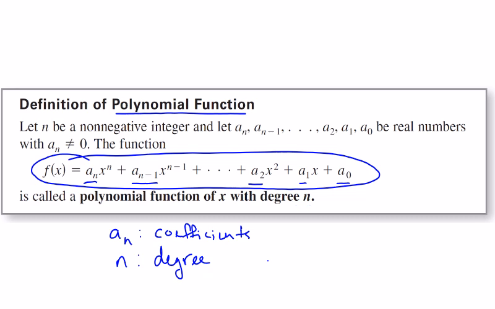It could be a 4th degree polynomial or a 3rd degree polynomial or a 10th degree polynomial, et cetera. A quadratic is a 2nd degree polynomial, and a linear is a 1st degree polynomial, and so forth. We've dealt with polynomials already, but basically polynomials can have as high a degree as you can go.